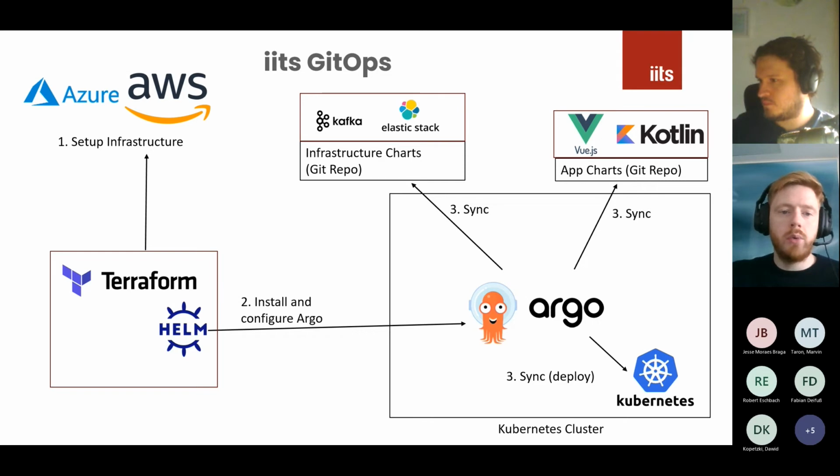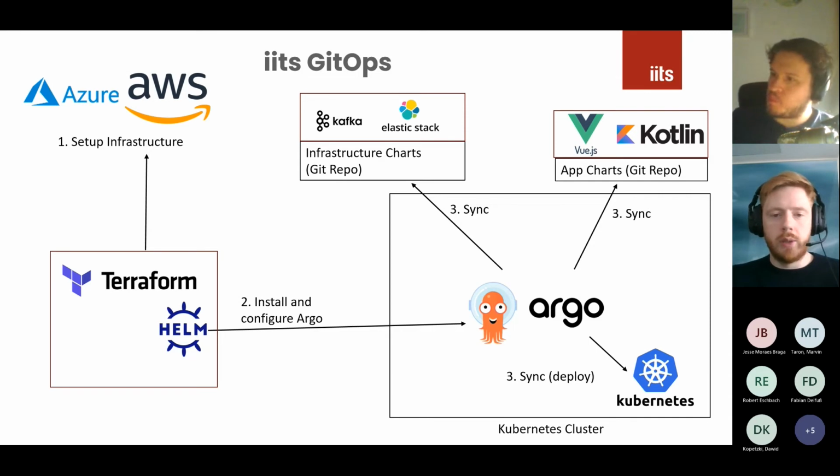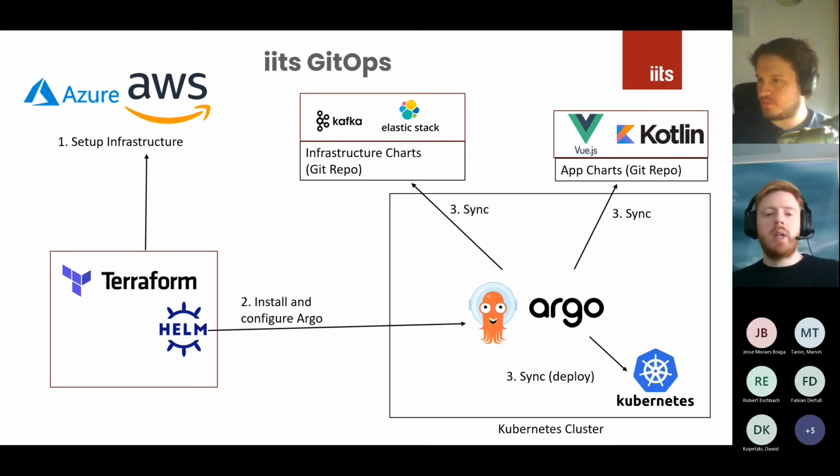One Git repo is for the infrastructure charts, for example Kafka, Elastic Stack, Traefik, and stuff like that. The other covers business app services, for example Vue.js or Kotlin microservices. It will look at the Git repos, see what's inside, and just apply it to the Kubernetes cluster. So it's super plain and simple.